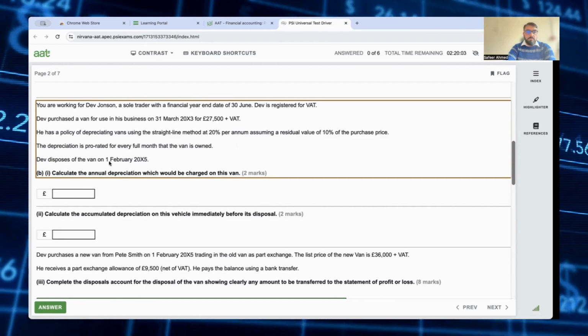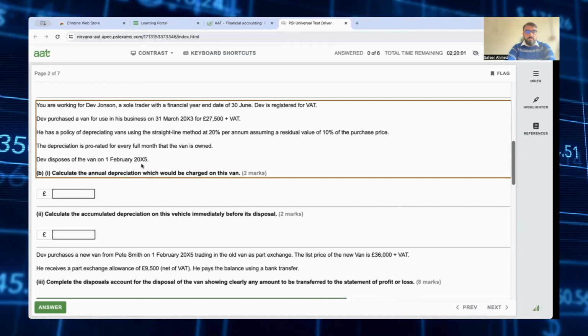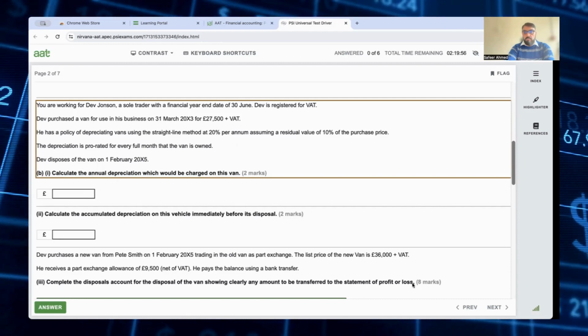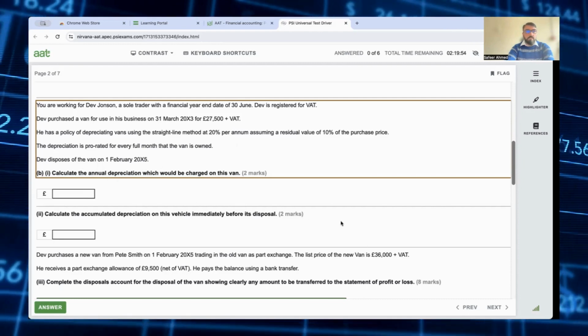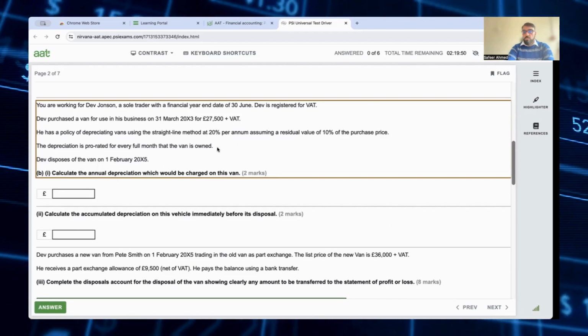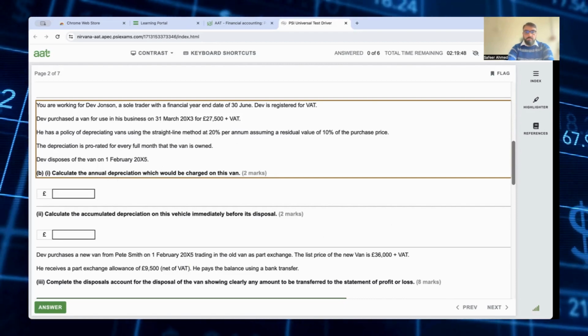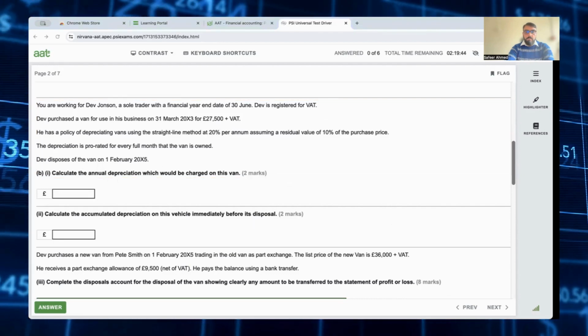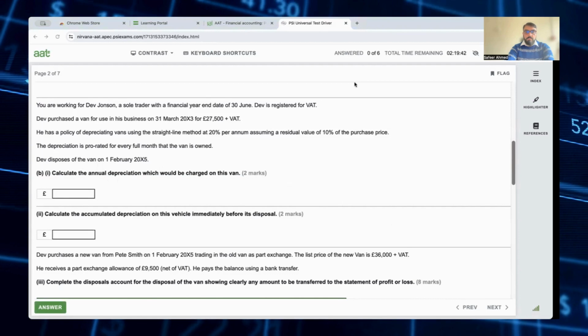They disposed of the van on 1st of February 2015. Calculate the annual depreciation. So can you please take a picture of this at this point of the video, so then you will know which amounts I'm talking about. Okay, I hope you have taken a picture of that.